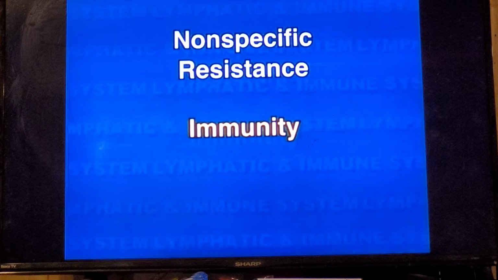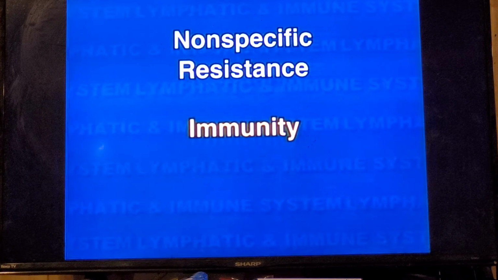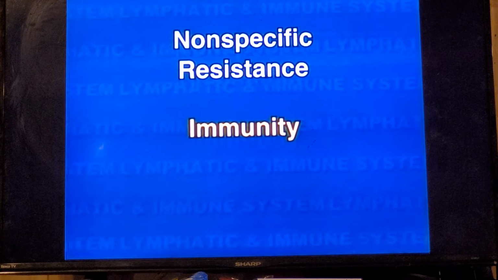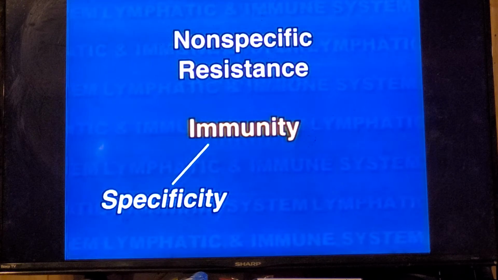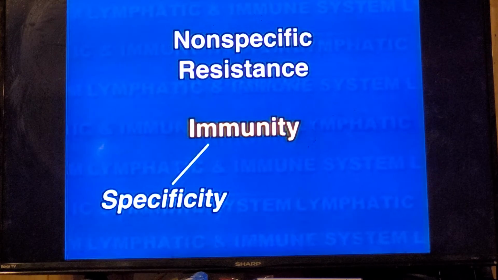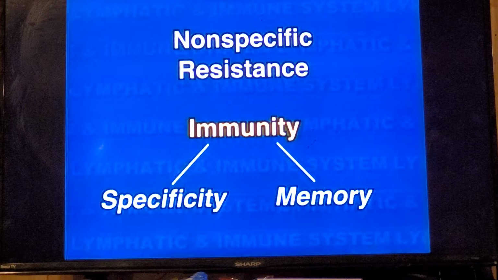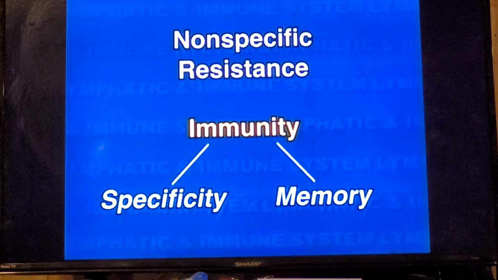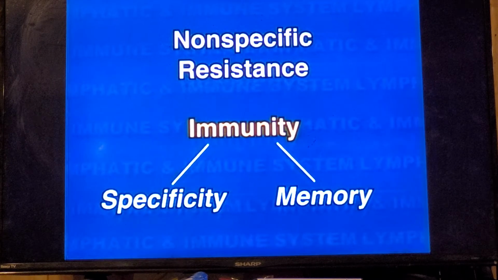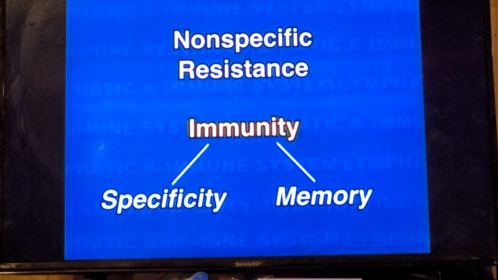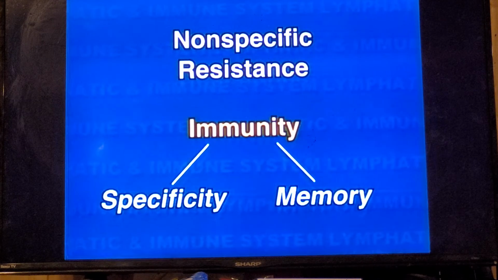Two characteristics differentiate immunity from nonspecific response. 1. Specificity for particular foreign molecules or antigens. 2. Memory of previously experienced antigens that aids in a more rapid and forceful response if the antigens should enter once more. B lymphocytes have specific receptor sites for foreign antigens.